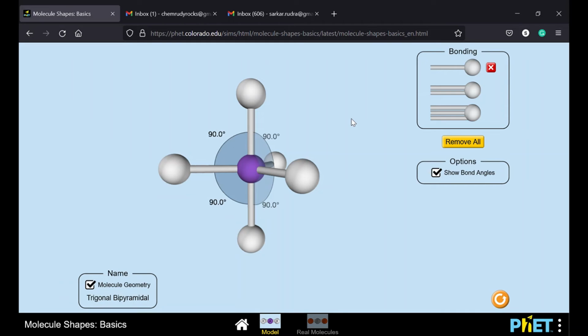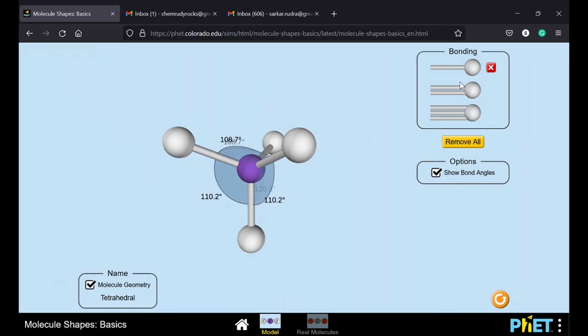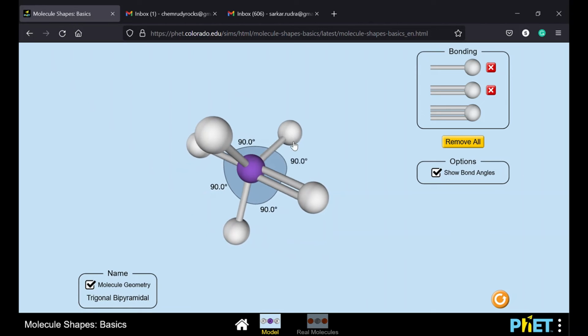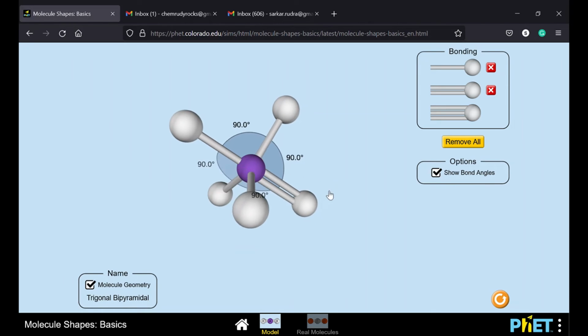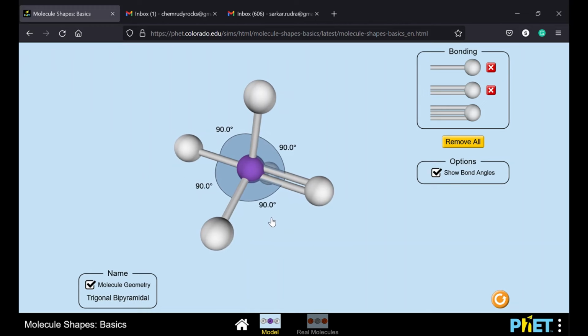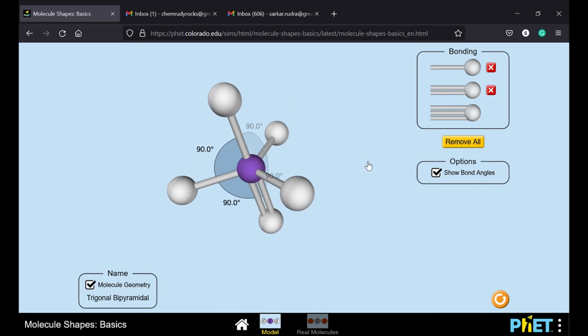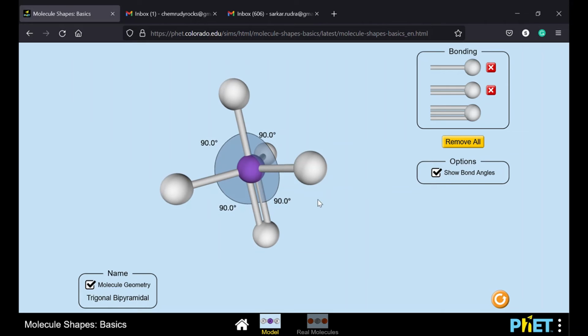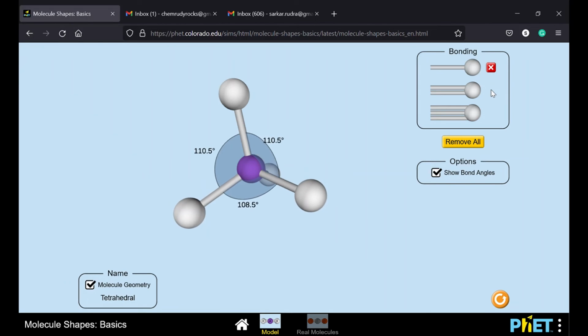Now, if I remove one bond from here, and in place of that I am having a double bond, just like that. All right. Now one correction over here, I have to place the double bond in the equatorial plane.